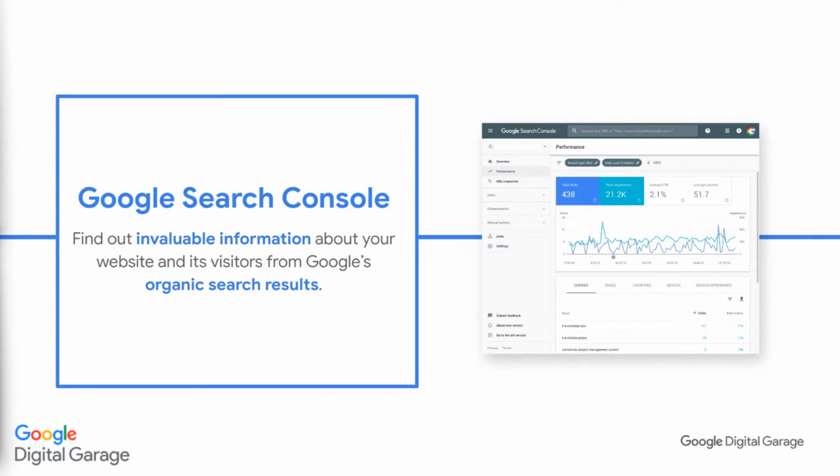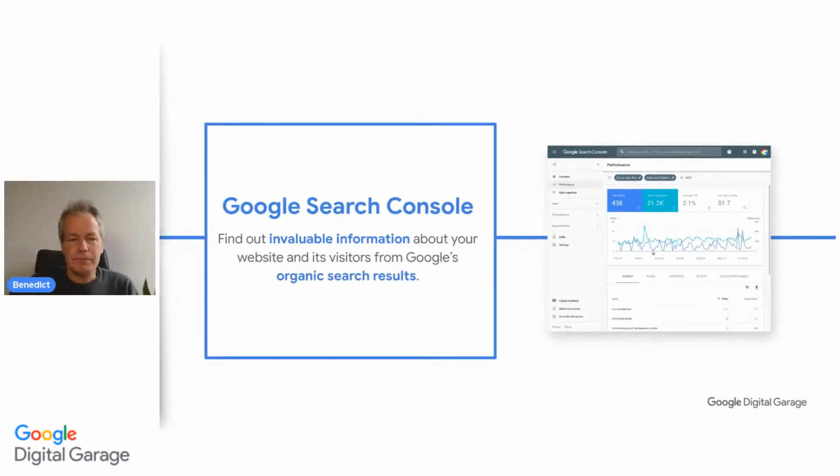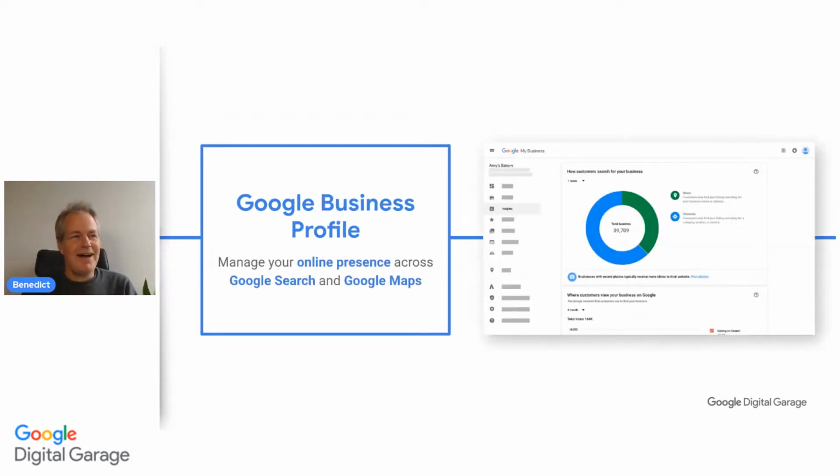Impressions are when it appears on the screen, and when they actually click on it, they're following through with it. So that's Google Search Console. It gives you lots of information. You can see underneath as well the different places where they've found you and the particular keywords that they entered. All right, move on.